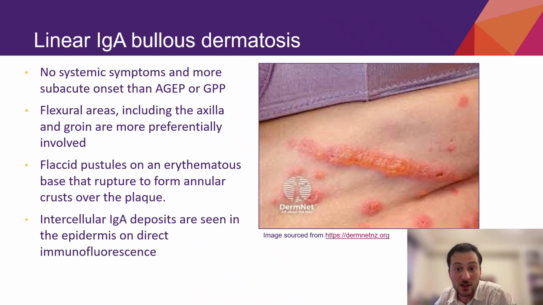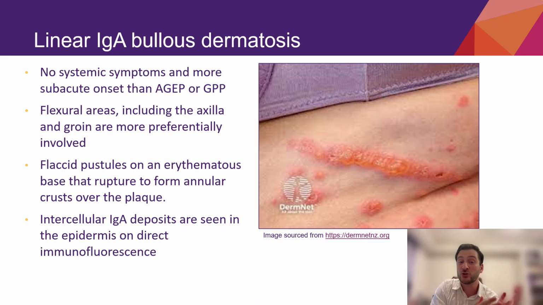Well, linear IgA bullous dermatosis can be a differential diagnosis that mimics GPP. However, it lacks systemic symptoms, and it has a more subacute onset, unlike GPP and AGEP. They are very acute diseases that occur in flares.